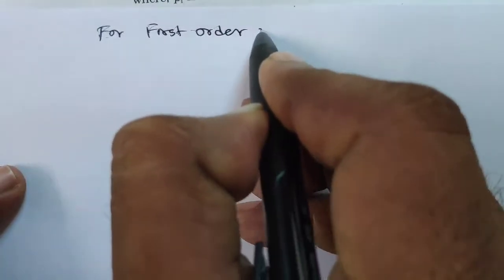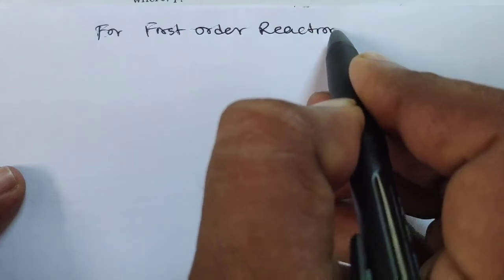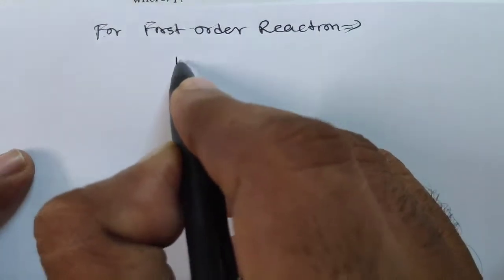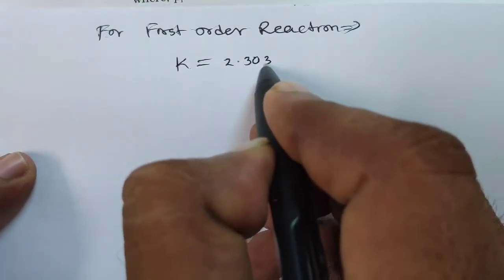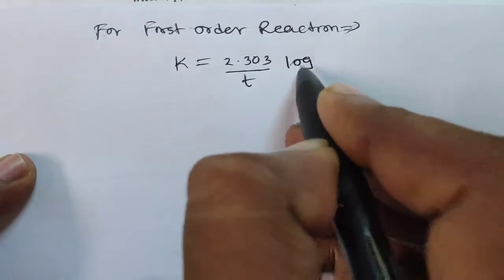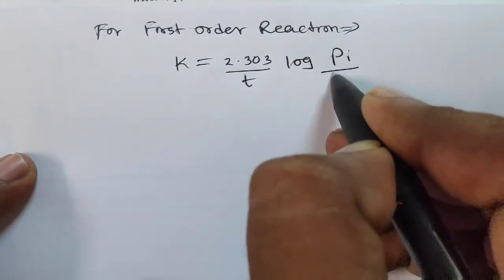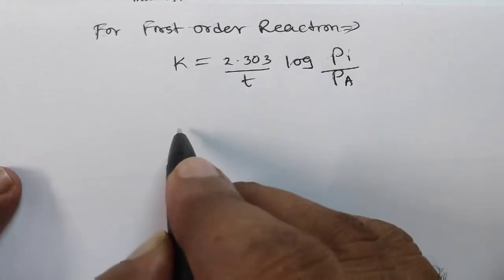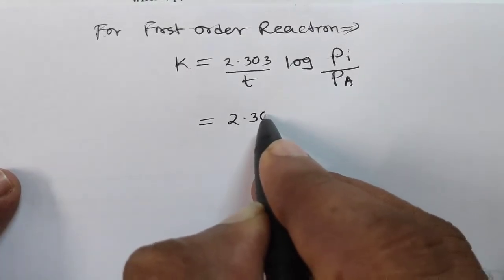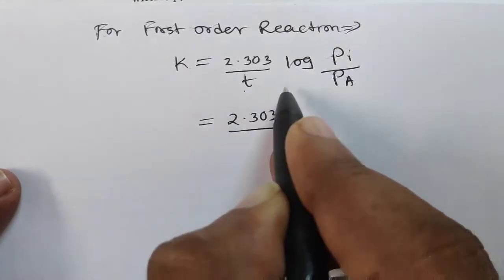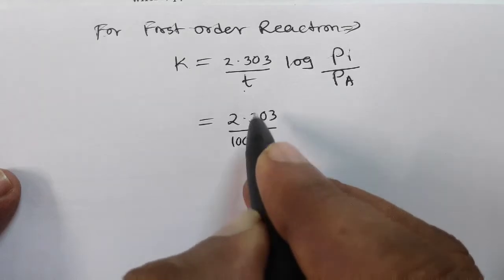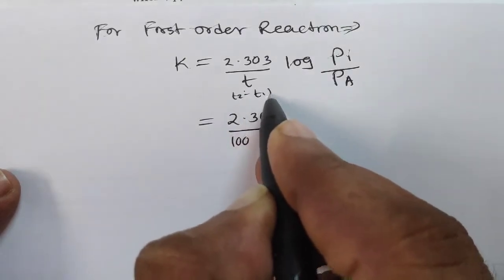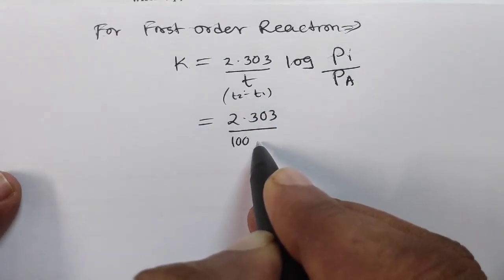Now for a first order reaction, I can write k is equal to 2.303 by t log of initial upon final concentration, or pressure. So here k is equal to 2.303 upon the time, 100 minus 0, that is t2 minus t1, which is 100 seconds.